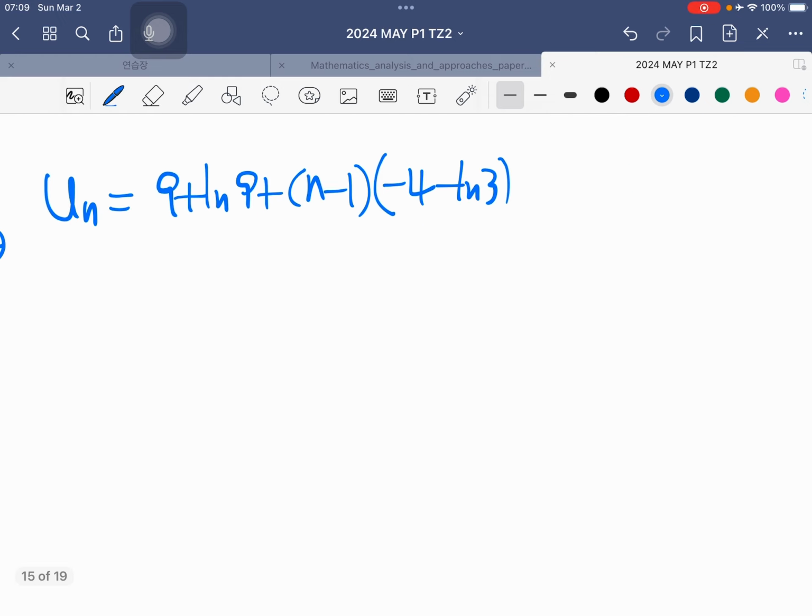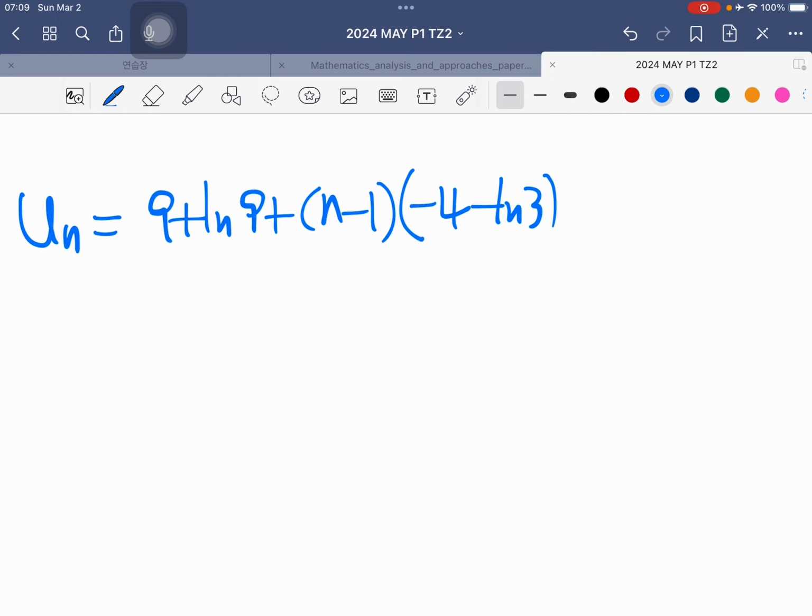So let's simplify this equation a little bit. It's 9 plus ln 9 plus negative 4 minus ln 3 times n minus 1, and multiplying that out will be plus 4 plus ln 3.